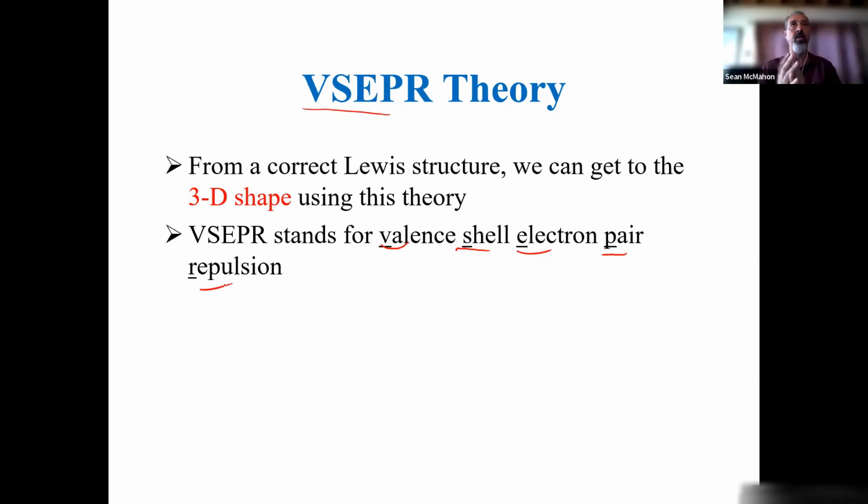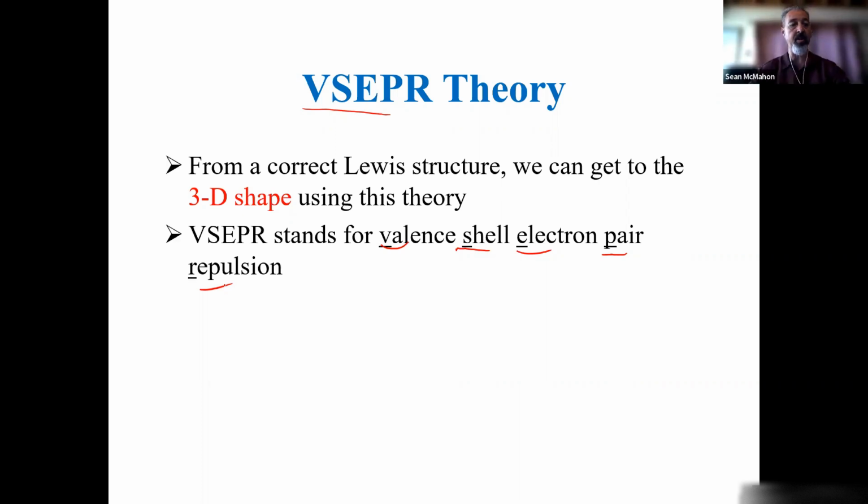Electron pair. Well, to strive for octets, we want 4 pairs. Those pairs can be shared pairs, like in bonds, and we draw lines, or they can be unshared pairs, like lone pairs. That's where we draw the dots. And repulsion is the electrons are negatively charged, so they want to spread themselves around the atoms as far away as possible to minimize repulsion.